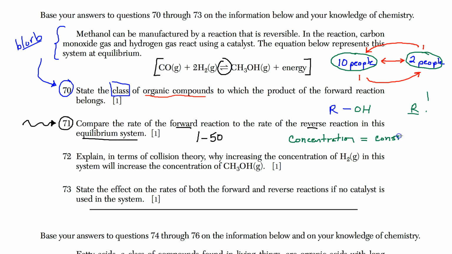That's important. And it stays constant because the rate of the forward equals the rate of the reverse. It's important you get that, because that's going to be a multiple choice question. If you were to do enough of these tests, you would have seen that this question pops up almost on every single test. Sometimes they'll go after whether you understand that the amount of reactants stays constant, like the people, or that the rate of the forward equals the rate of the reverse, like this question.